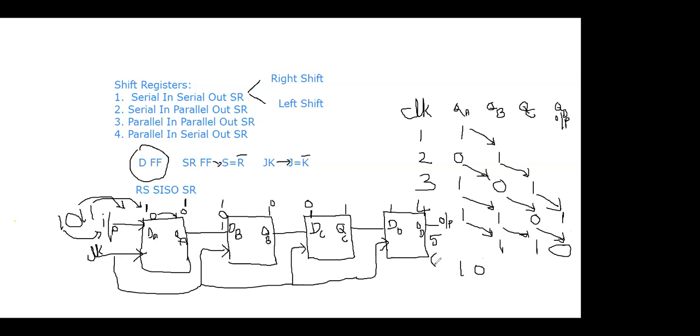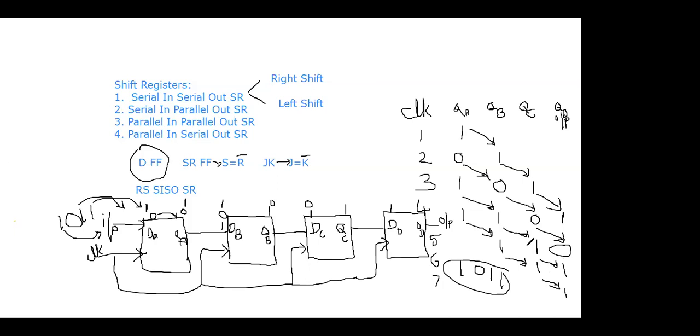Now across the sixth clock pulse, there is no data across QA, which means QB also doesn't have any data, and this one is shifted here and this one is shifted here. Now 1. Now across the seventh clock pulse, there is no data across QC, so now this is 1. So 1011 is coming across the output, the total output after the seventh clock pulse.